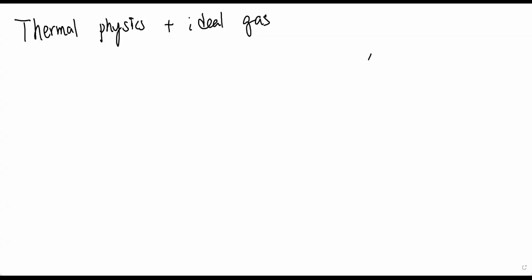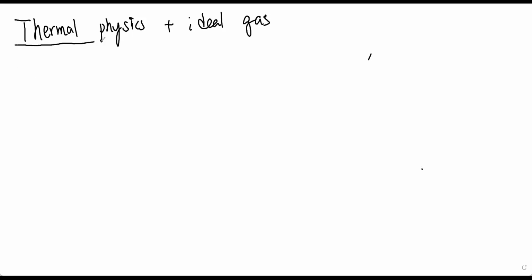But these topics are highly correlated together, just like circular motion and gravitation: the next square chapter and the next cube chapter. These two topics are highly correlated together.